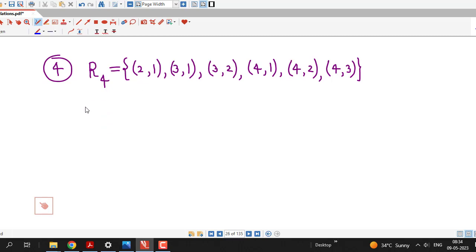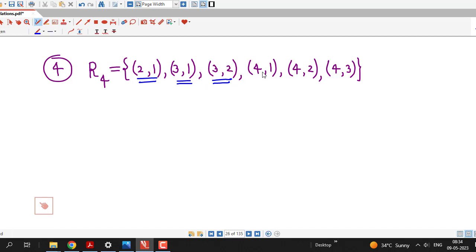Let's check for R4. So (2,1) belongs to R4 and there is no other pair whose first component is 1. So now we come for here. (3,1) belongs to R4. There is no pair whose first component is 1. (3,2) belongs to R4.